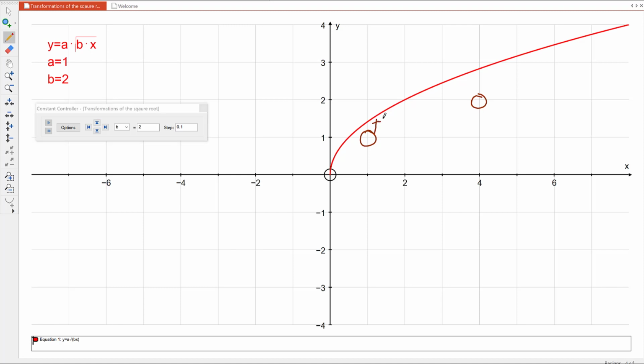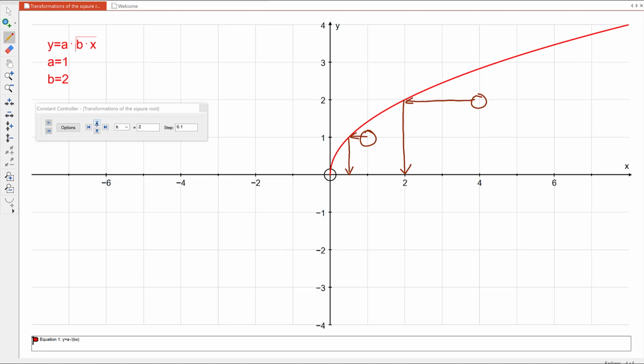Interestingly, this stretch in this direction is not by a factor of 2, but it is by a factor of a half. That's the point (1/2, 1). This has now gone to (2, 2). So the y coordinate was halved when we made B 2.